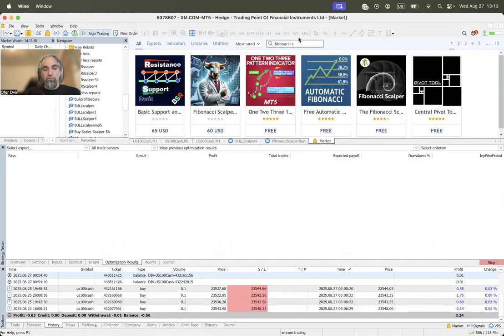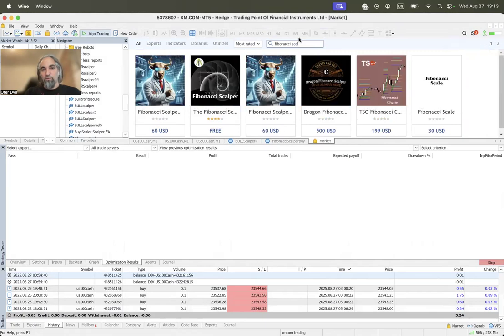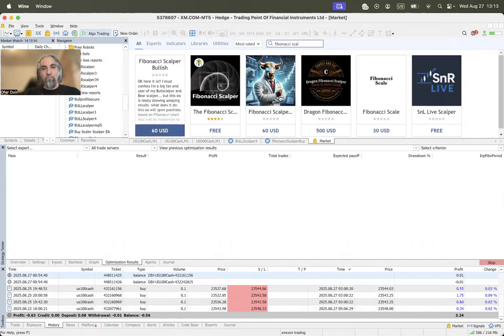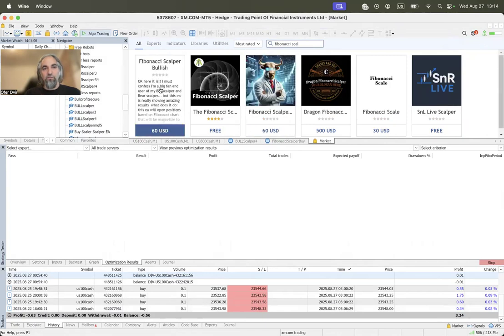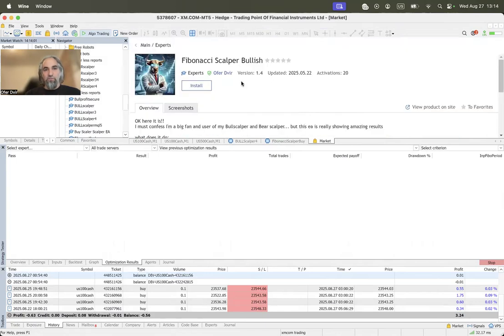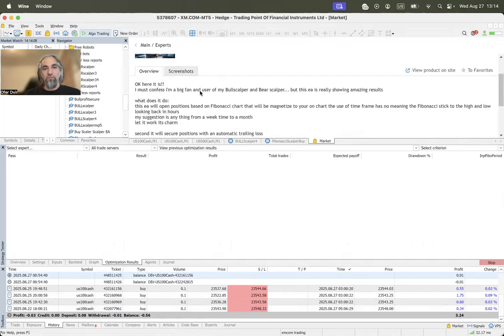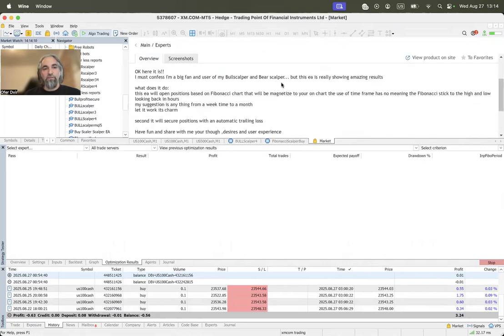So Fibonacci scalper. So you need to check that's the seller and that's the buyer. If you go inside this, please rate after you install, buy, do something.